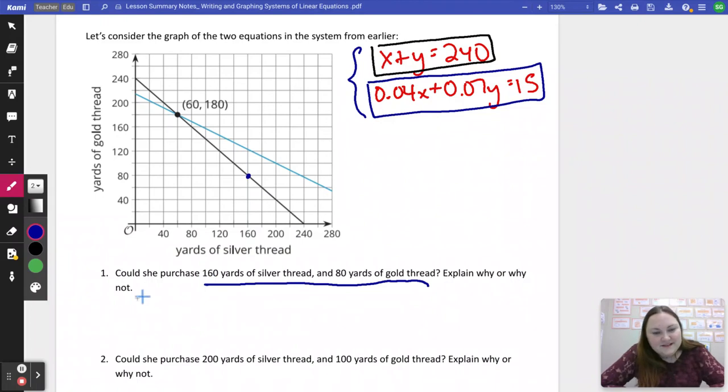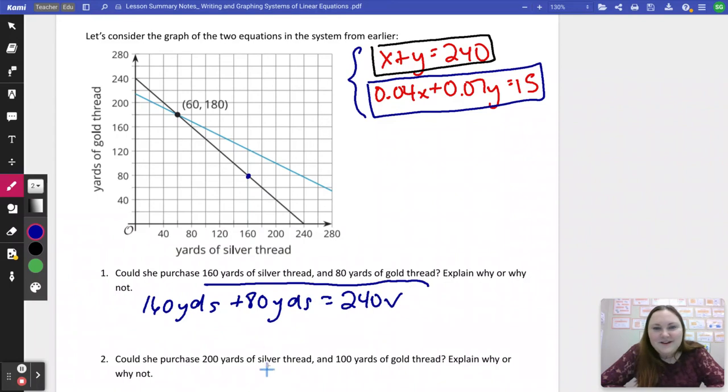So if I look at these numbers, if she purchases 160 yards of silver and 80 yards of gold, yeah, that does equal 240 yards. So she would be getting the exact amount of material that she needed. It's not on this other line, though, which had to do with the cost. If you do those calculations, 160 yards times our 4 cents a yard, 80 yards times our 7 cents a yard, you're going to see that it's not equal to $15.